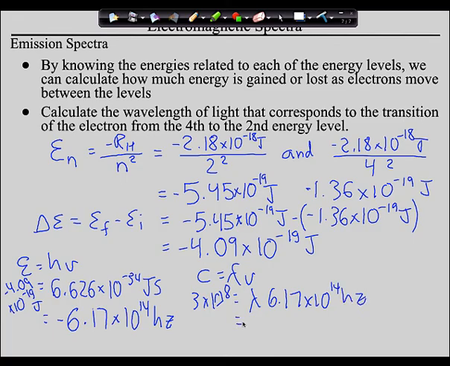So 3 times 10 to the 8th divided by 6.17 times 10 to the 14th, and I get 4.86 times 10 to the negative 7th meters.